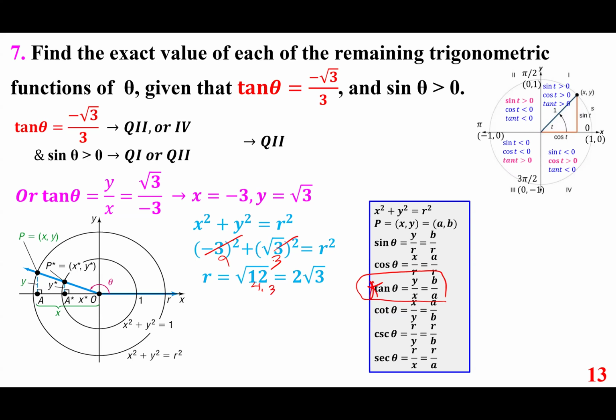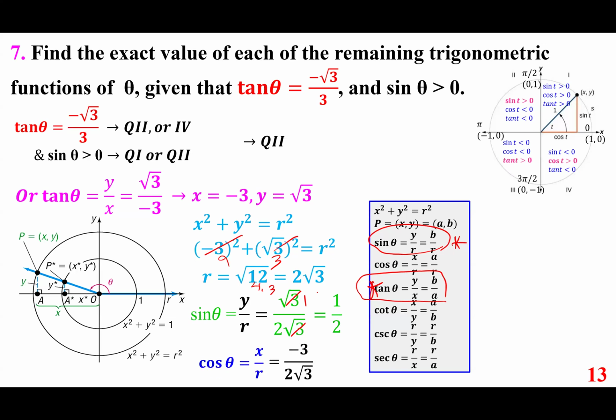And so remember, as long as we get sine, practically we are done. Sine is y over r. So square root of 3 over 2 square root of 3, and I hope you see it becomes 1/2. Cosine is x over r, or negative 3 over 2 square root of 3.